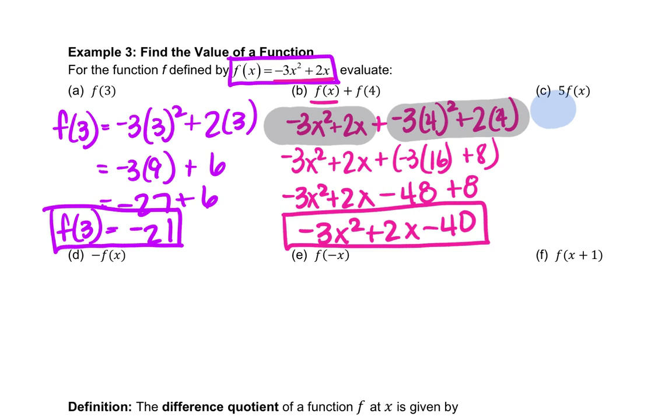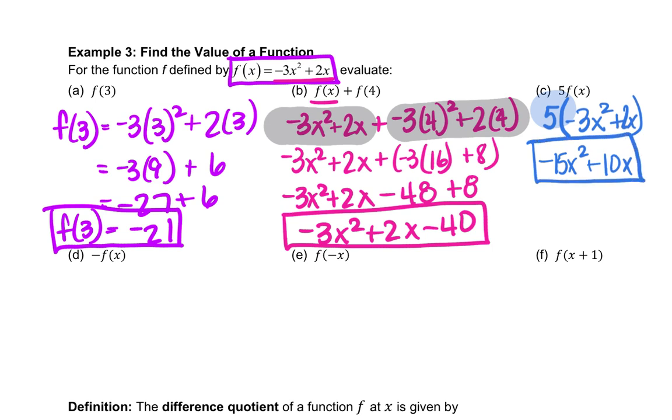So we're going to go 5 times, and the function is negative 3x squared plus 2x. That gives me negative 15x squared plus 10x, because it says to multiply 5 by the function.